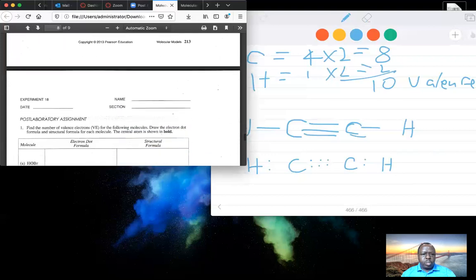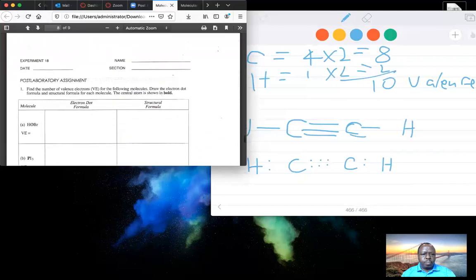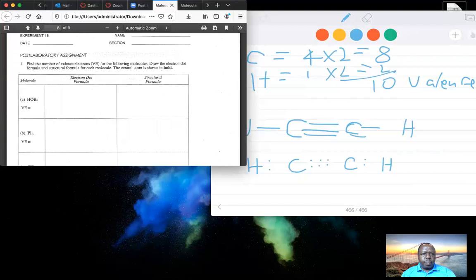And then for the post-lab, it's the same thing. Please remember the valence electrons; I see most of the time students forget to give me the numbers here. You have to find the total valence electrons. The bolded one is the central atom in the post-lab exercise.